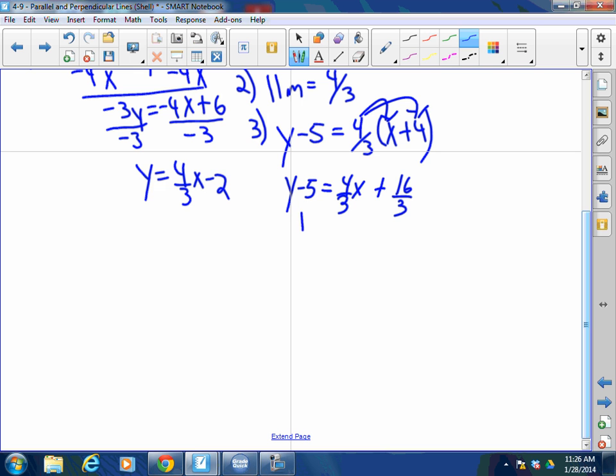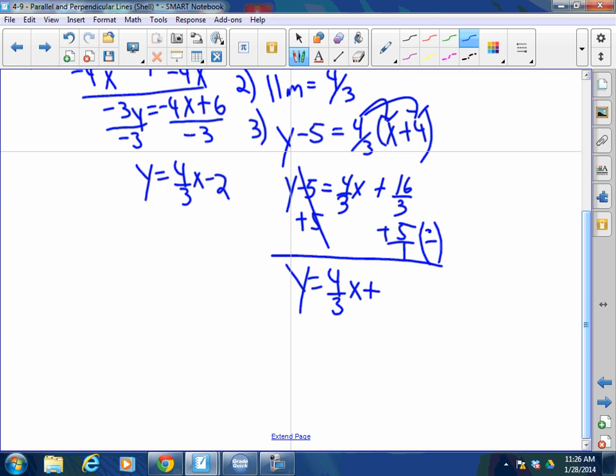You add 5 to both sides. So y equals 4/3 x plus. How do I add this 16/3 and this 5 over 1? Common denominator. Common denominator is going to be 3. So this is 16/3 plus 15/3, which equals 31/3. That is my parallel equation.